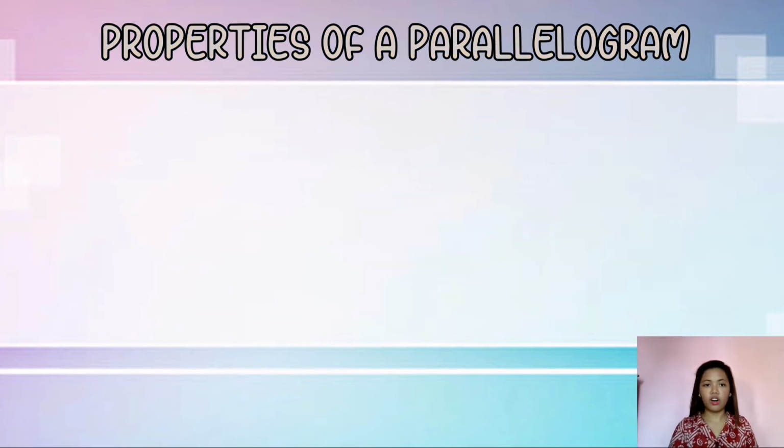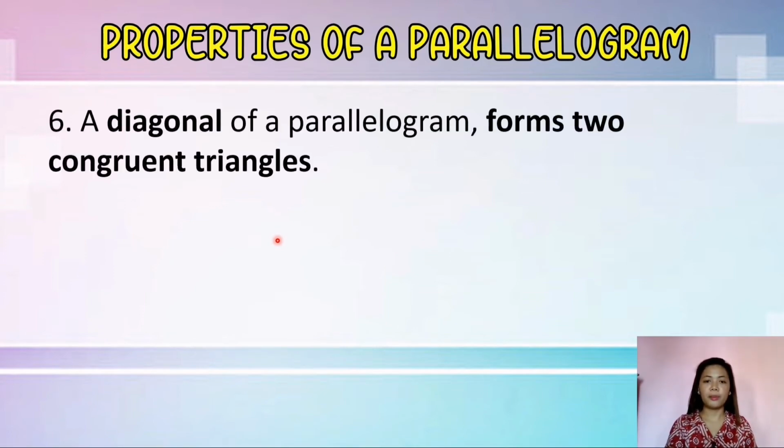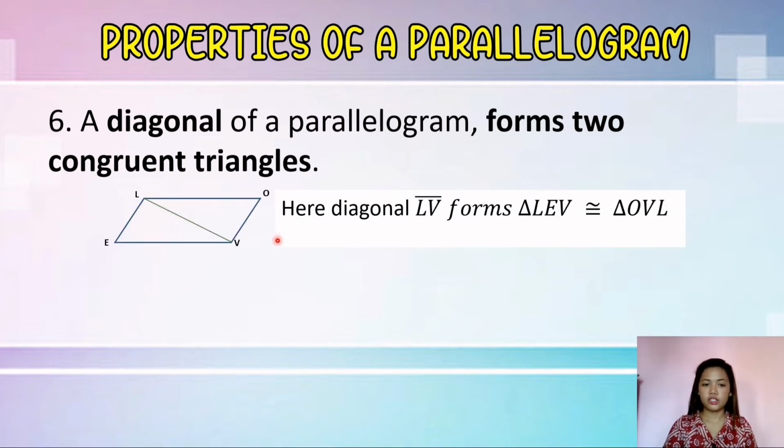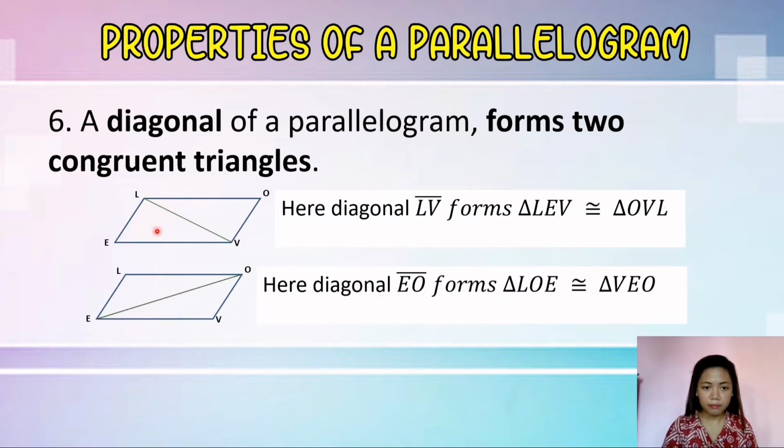We are now on the last property or condition that guarantees that a quadrilateral is a parallelogram. So it is a diagonal of a parallelogram forms two congruent triangles. So let's make use of the same parallelogram. So if we have parallelogram LOVE, the first diagonal LV forms two congruent triangles.